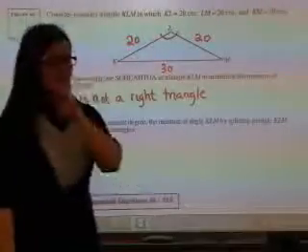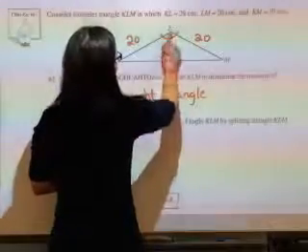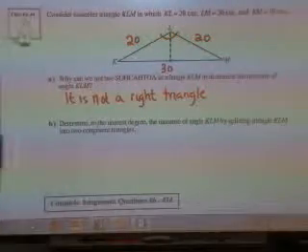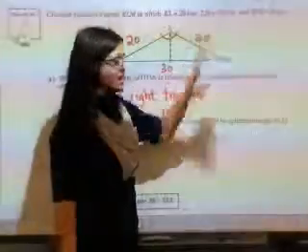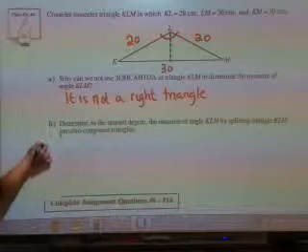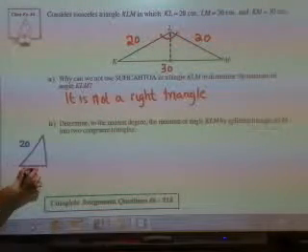Can I make this a right triangle? Well, I can. I can drop a line from L to this point. When I do that, because it's an isosceles triangle, I will create this triangle here, which is 20.